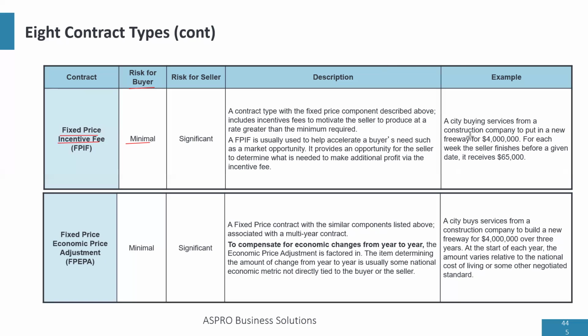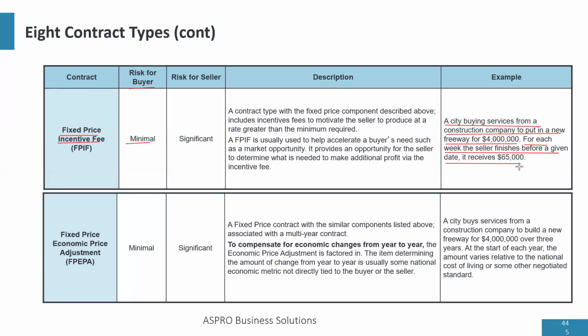Let's look at this example. A city buying services from a construction company to put in a new highway for $4 million. So what's the $4 million? The fixed price. For each week the seller finishes before a given date, it receives $65,000 extra.